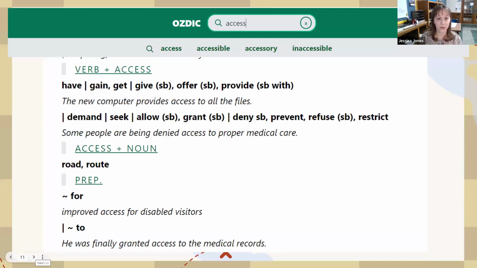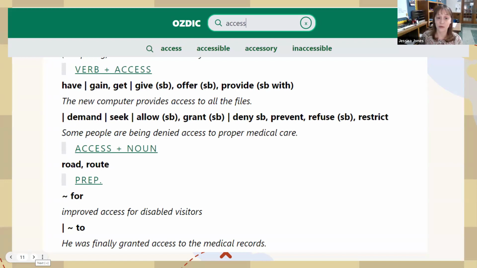Down here it talks about the prepositions. This is also something that students from beginning to advanced levels still struggle with, which prepositions go with which key vocabulary. So we also spent some time looking at the examples. So, improved access for disabled visitors. And then I might say, okay, let's pay attention to what comes after the for. Is it a person? Is it a place? How do we want to describe this?